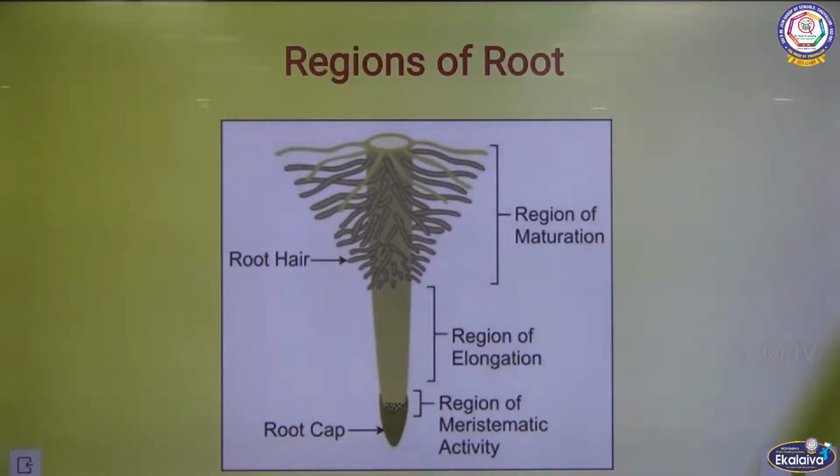The lateral roots arise from internal tissue like pericycle, and are endogenous in nature. So you can find the meristematic zone, zone of elongation and zone of maturation.